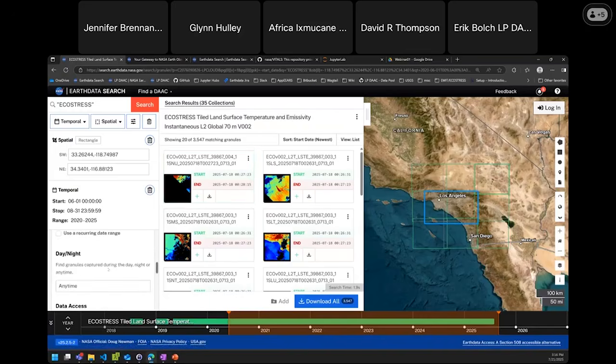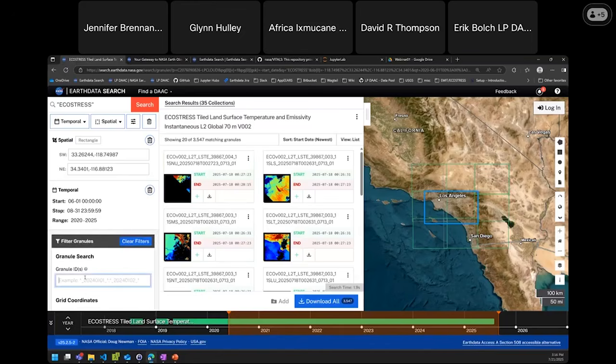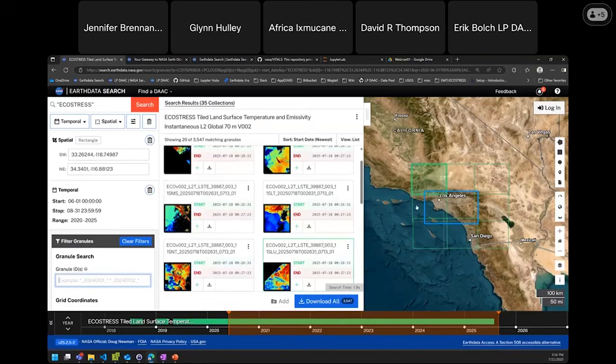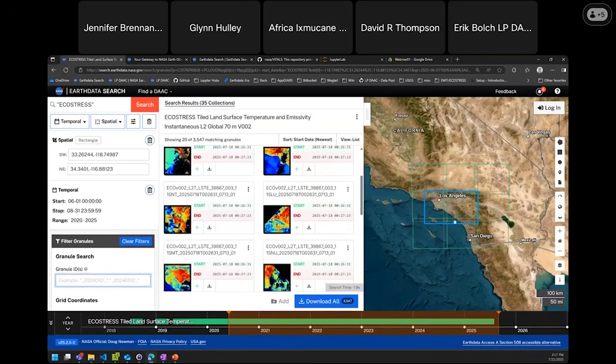But one of the more handy things you could do is use this granule ID search. This will allow you to search by things like tile. If we hover over this, you can see that it corresponds to one of these entries here. So we can figure out what tile we want. Say we want this middle tile here. You can scroll down and see that it is tile 11SMT.